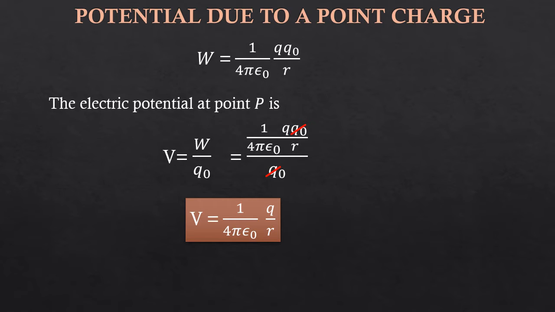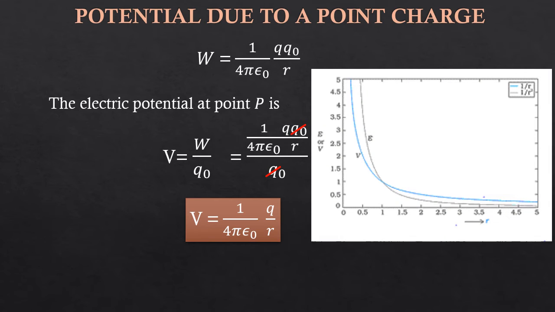If we compare these two expressions, we can see that the electric field intensity varies inversely as the square of the distance, and the electric potential varies inversely as R, or is proportional to 1 by R. So if we plot the graph between the distance, electric field intensity and potential, you can see that the graph of electric field intensity is steeper than the graph of potential, because E is inversely proportional to R square, but V is inversely proportional to R.